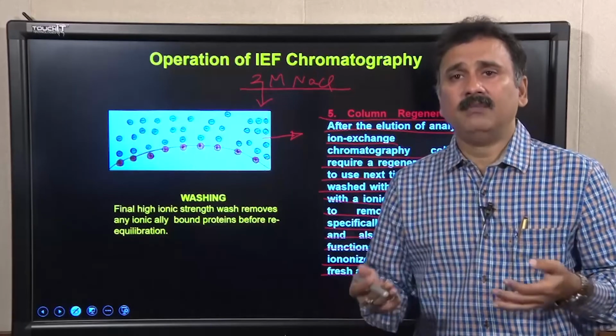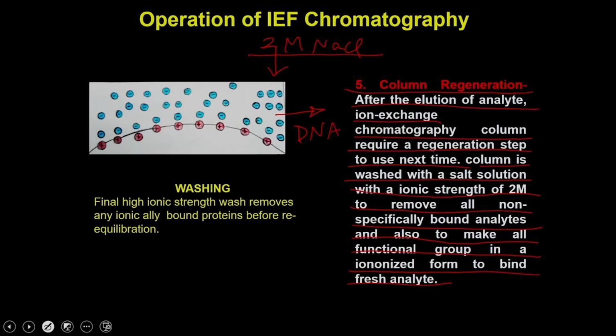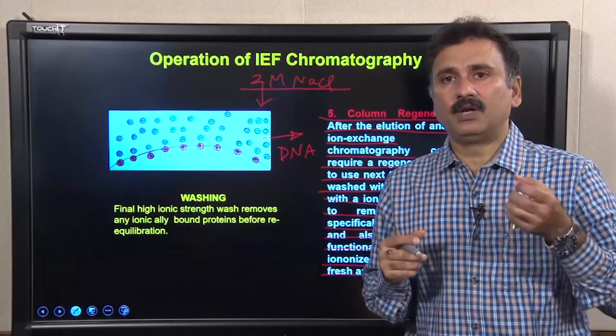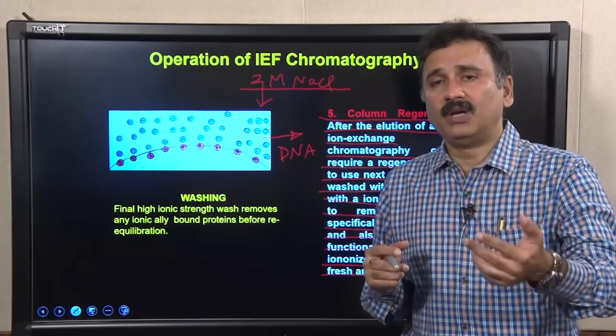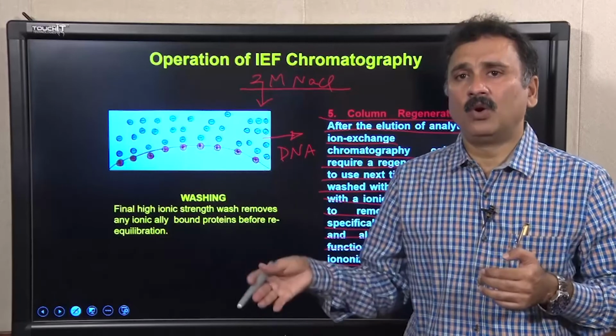For example, one of the things which binds to most ion exchange chromatography is DNA, because DNA is negatively charged. So, it will bind to these functional groups, but that is not what you want, because once these molecules bind, the functional groups are no longer available.